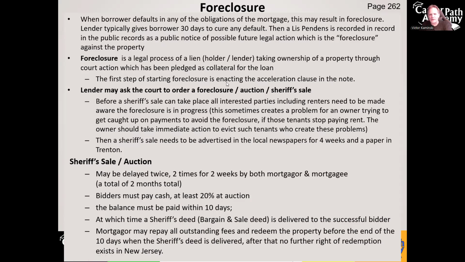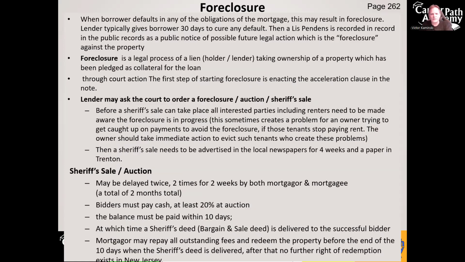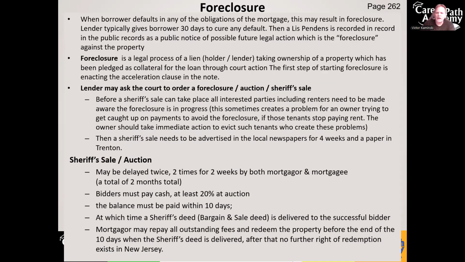Foreclosure is the legal process of a lien holder taking ownership of a property which has been pledged as collateral for a loan through a court action. The first step of starting foreclosure is enacting the acceleration clause in the note. That's written a lot better. I had it written kind of backwards there.